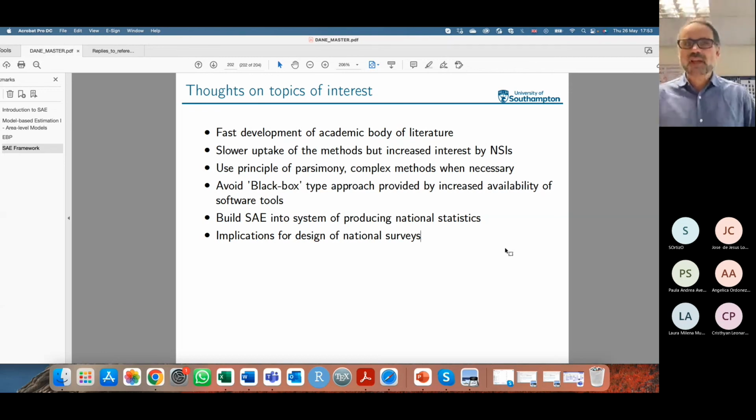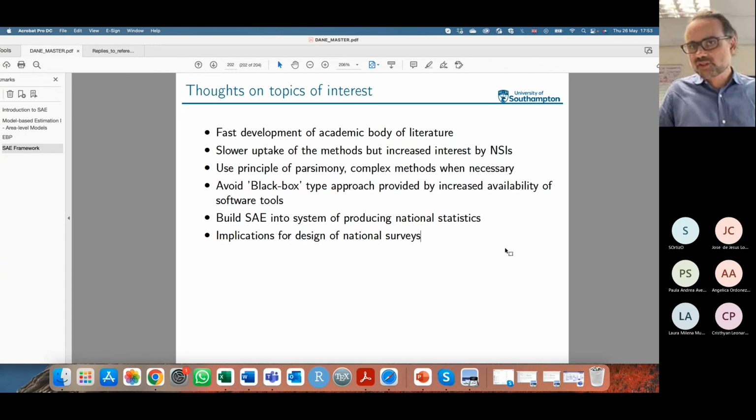I would stress again the use of the principle of parsimony. Use complex methods when they are necessary. That's fine, that's absolutely fine, but have a good justification as to why making a model more complex than it already is is necessary. I would avoid using algorithmic methods just purely as a black box, right?